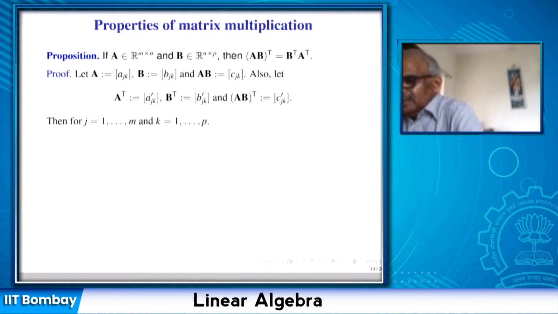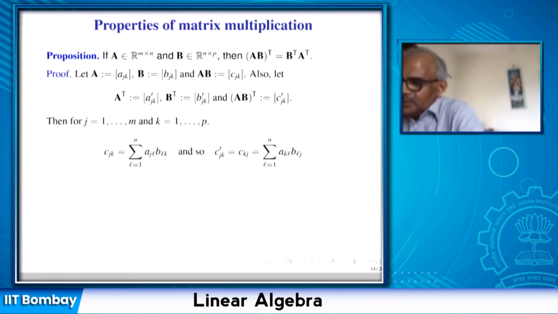Using the definition of matrix product, CJK is the entry in the jth row and kth column of A times B. To get CJK, I take the jth row of A and the kth column of B and multiply them. So CJK is the sum of AJL times BLK, as L varies from 1 up to N.